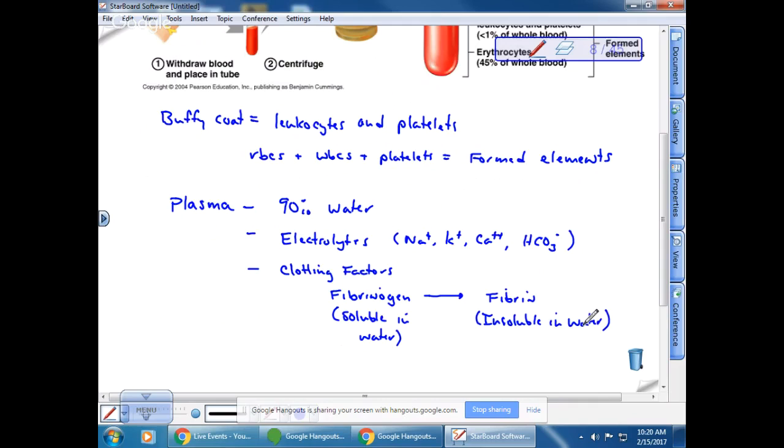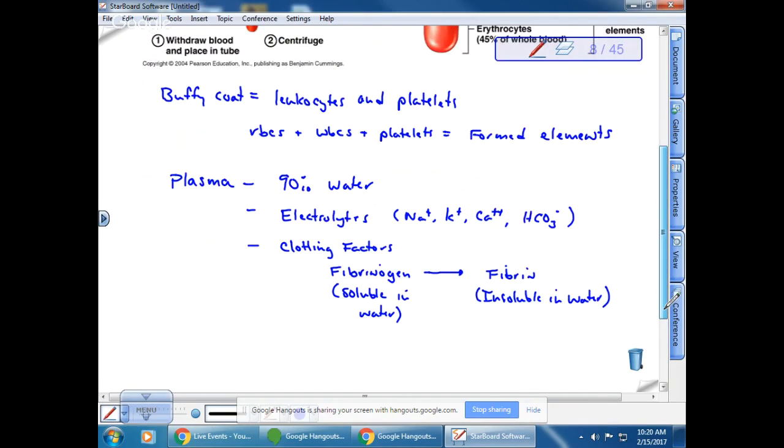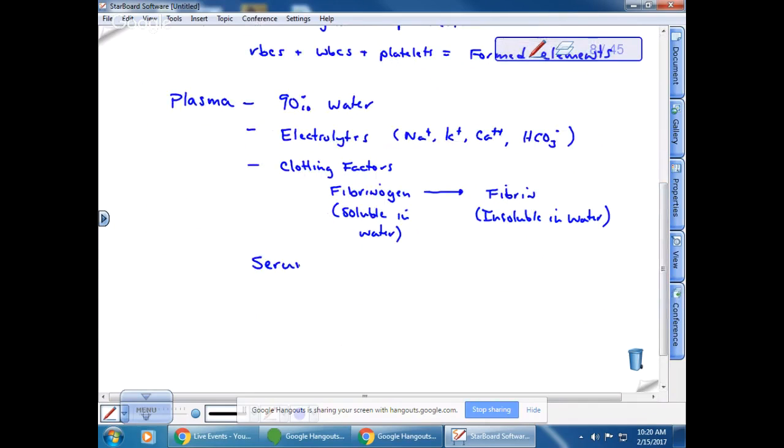Okay, so we can talk about serum. Sometimes you hear the word serum, and this is plasma with fibrinogen removed.